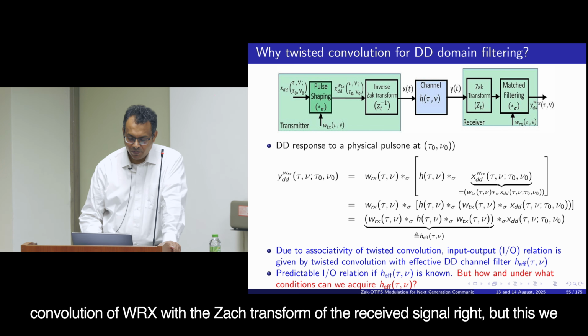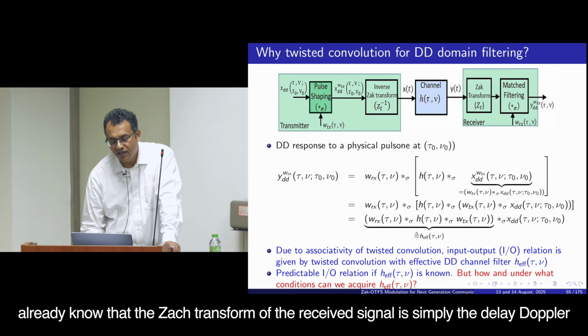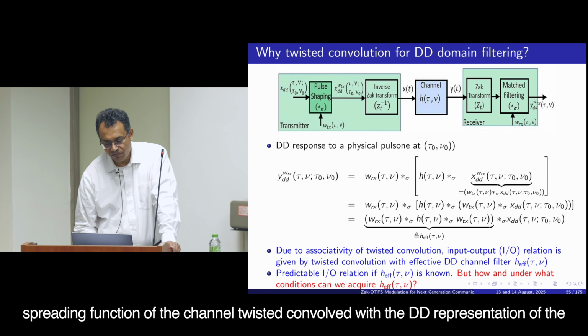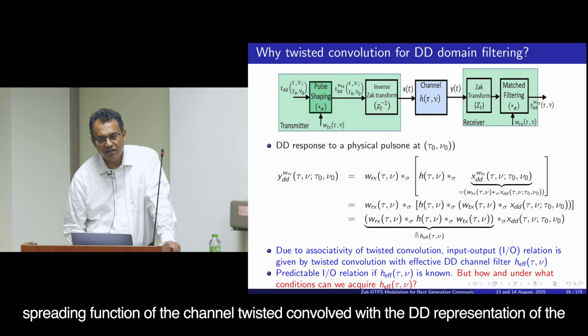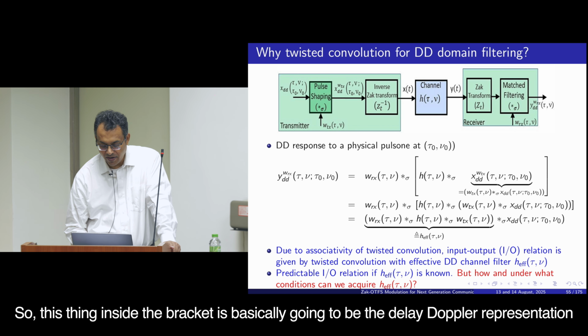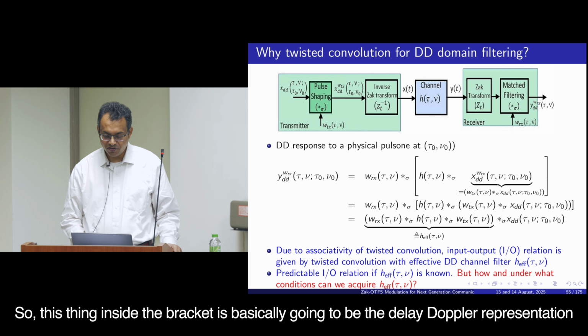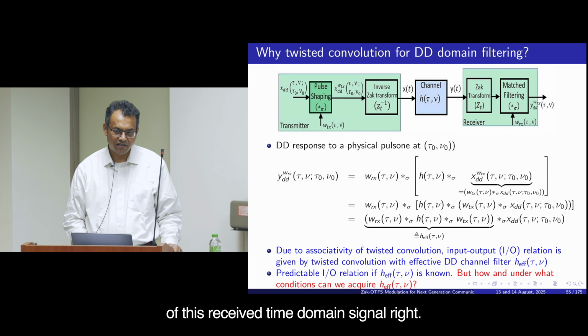But we already know that the Zak transform of the received signal is simply the delay-Doppler spreading function of the channel twisted-convolved with the DD representation of the input, which is actually this physical pulson. So, this thing inside the bracket is basically the delay-Doppler representation of this received time domain signal.